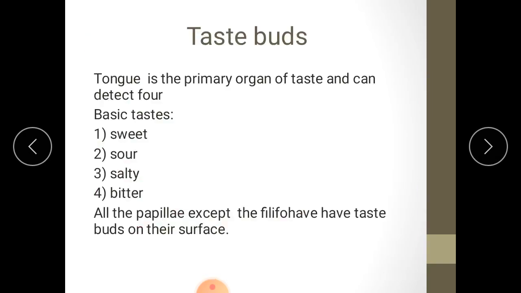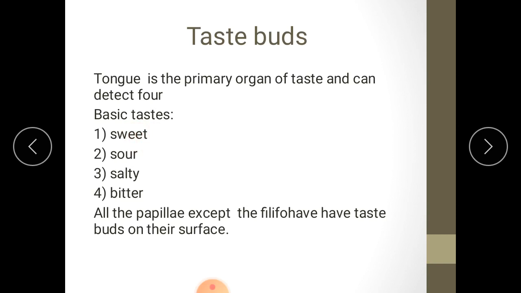Now let us talk about taste buds. The tongue is the primary organ of taste and it can detect 4 basic taste components: sweet, sour, salty and bitter.